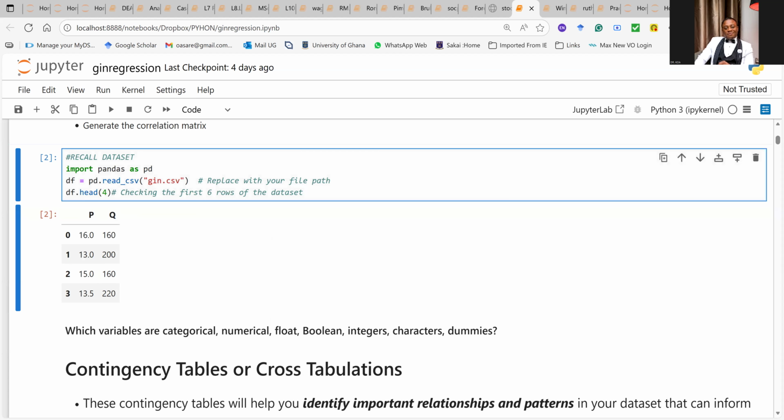To do that, I need to ensure that I change the data. I need to edit and remove that portion.